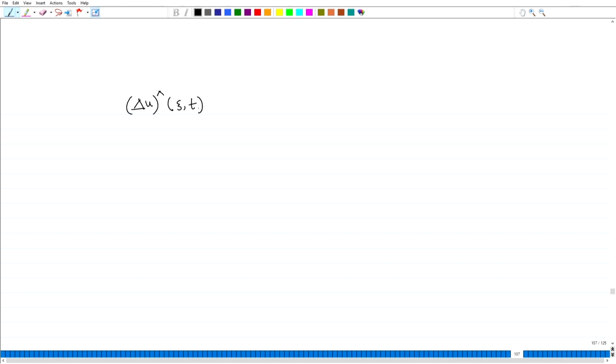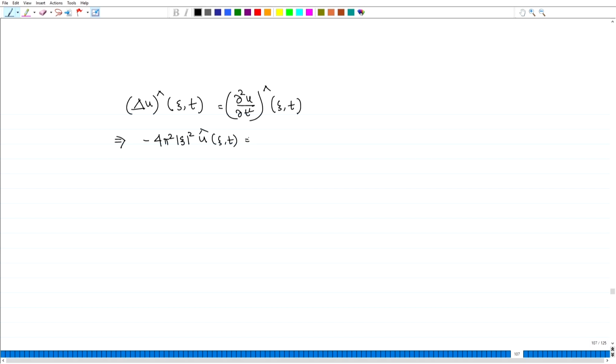The Fourier transform we are taking only on the space variable. So, this is equal to the Fourier transform of del square u by del t square at xi, t, and we have computed that the left side is going to be minus 4 pi square mod xi square times u hat of xi comma t.